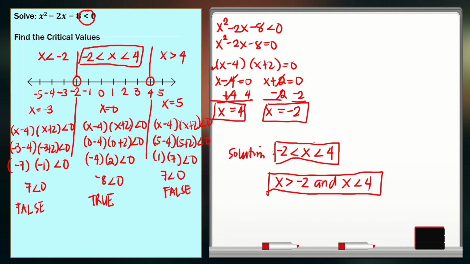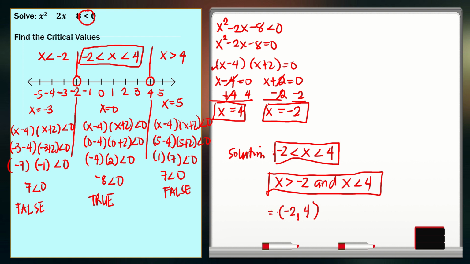Another way of writing our solution set is through interval notation. In our previous example, I used brackets because brackets represent that the endpoints or the critical values are included. In this case, I'm going to use open and close parentheses, meaning the solution set are the numbers between negative 2 and positive 4.